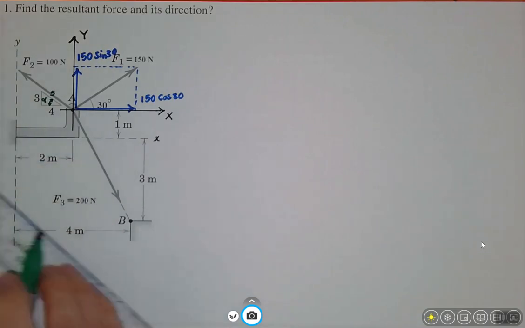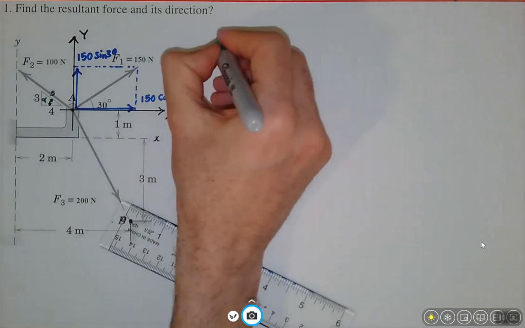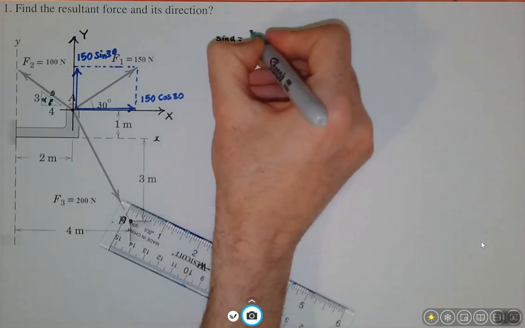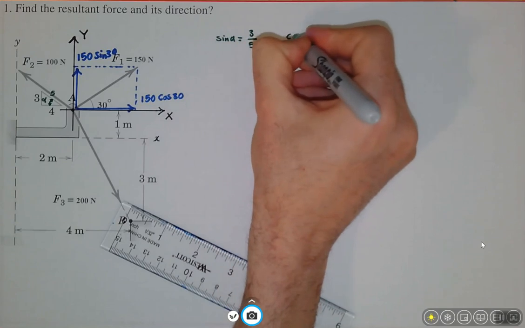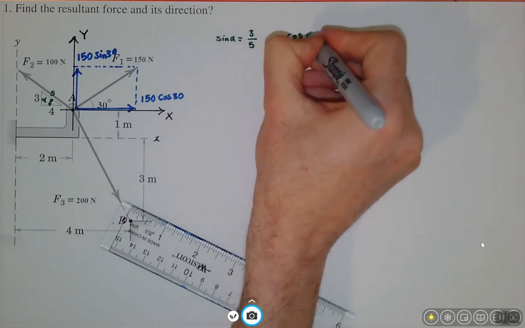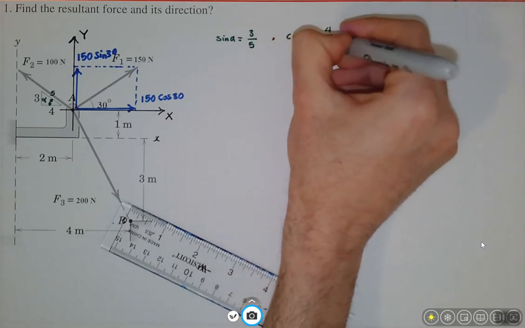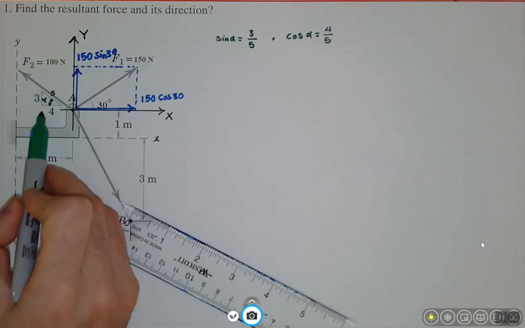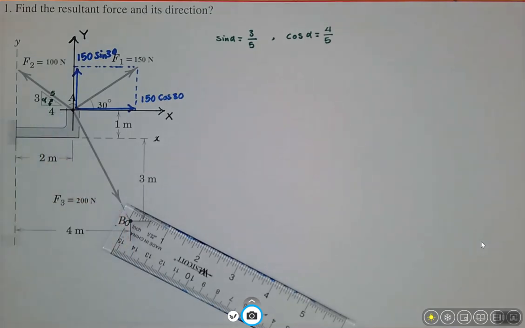So if I need sine alpha, it is 3 divided by 5, and if I ever need cosine alpha, it is 4 divided by 5. In this little triangle, sine alpha is 3 divided by 5, and cosine alpha is 4 divided by 5.